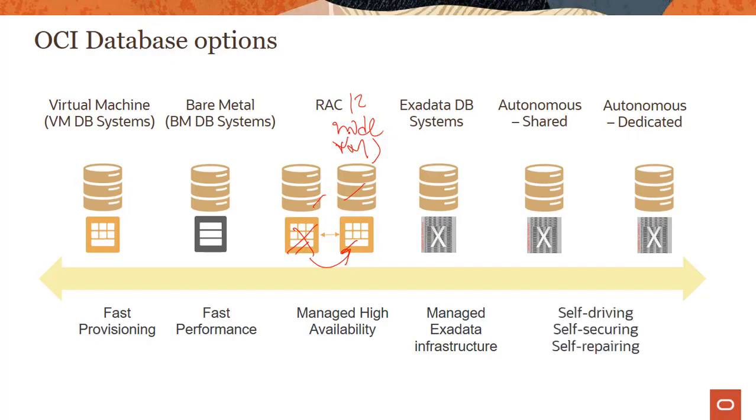Self-securing means that we have encryption by default, and we also have features like Oracle Database Vault and Oracle Data Safe, which help you identify sensitive data and mask it. And self-repairing means we automatically protect from all types of downtime, including system failures, maintenance, etc.